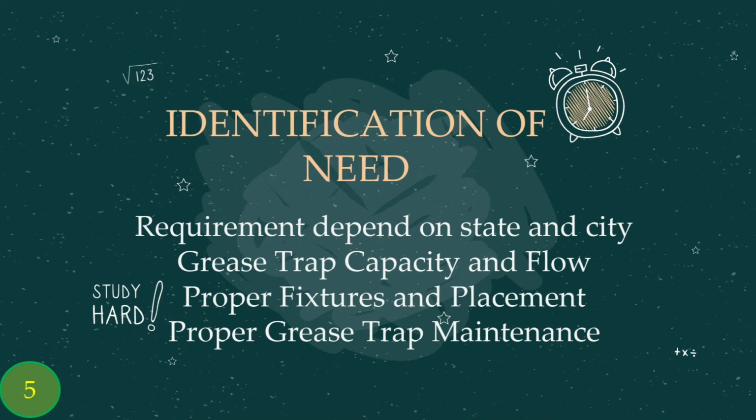Next, we must know the size, the capacity, and the flow rate that needs to be used. Third, we need to know where we want to place the grease trap. And finally, we must know what maintenance is needed, how to clean, and how to repair the grease trap if damaged or does not work properly.